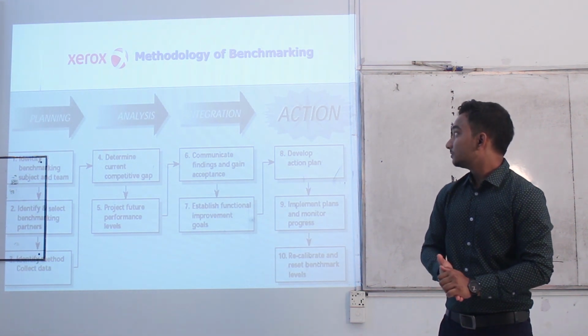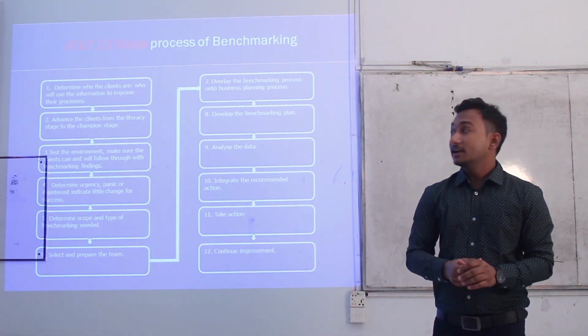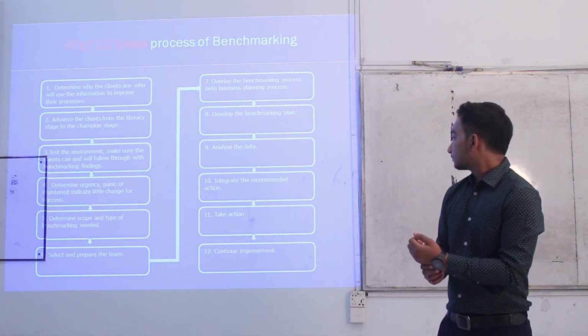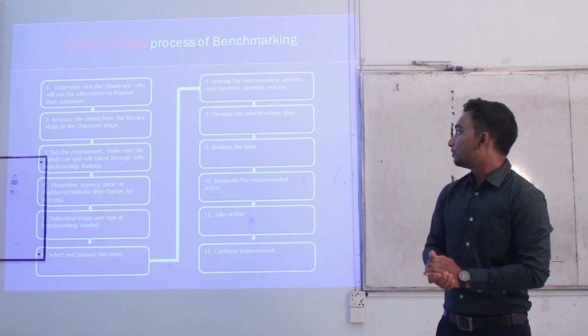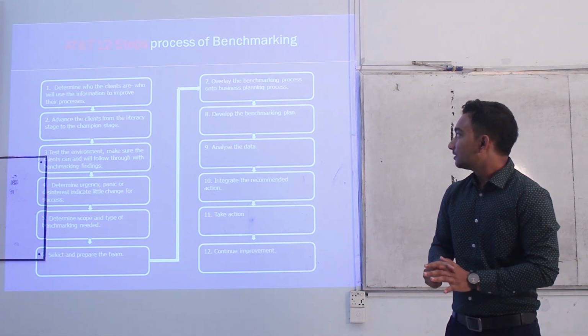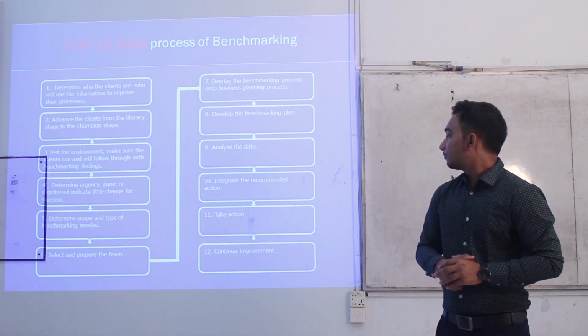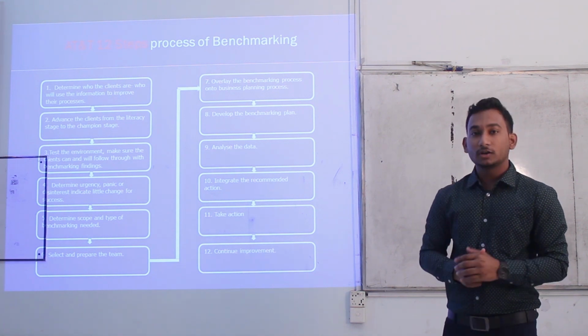And the next, the AT&T process of benchmarking, which includes 12 steps, which starts with determining who the clients are, who will use the information in their process, and ends with continuous improvement.